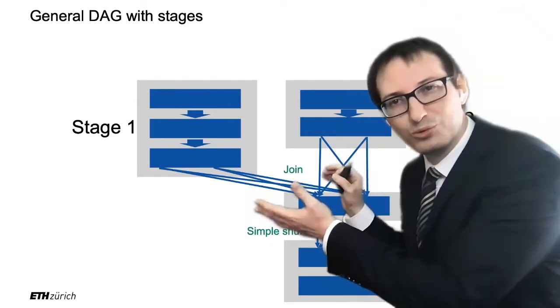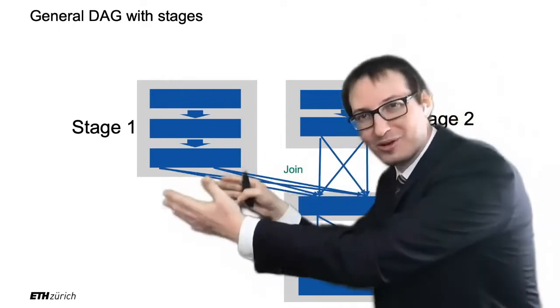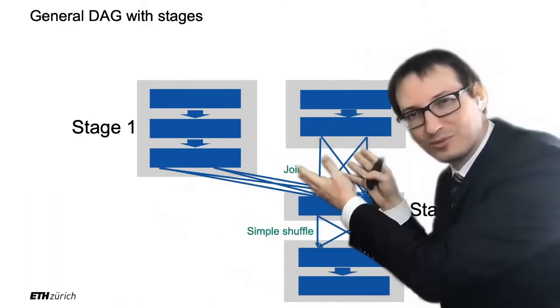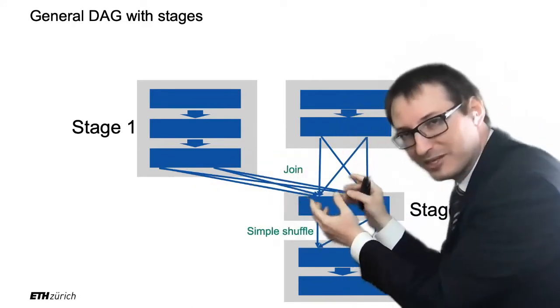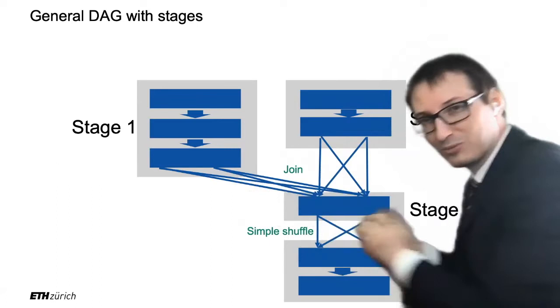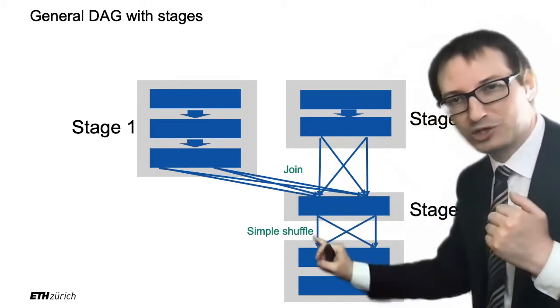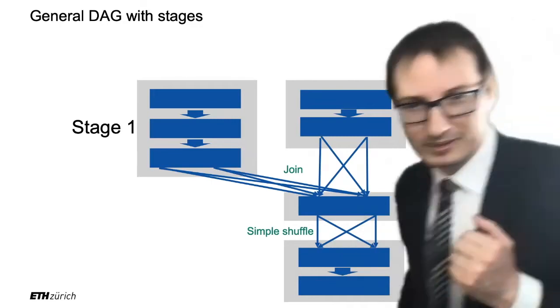And here we need to do a double shuffling, right? So we need to both shuffle what comes from the left RDD and shuffle what comes from the right RDD. All of that goes here. Then we have pairs of values, one from the left, one from the right, and then we execute the join. And then here it's again a simple shuffle where we just have one input RDD.